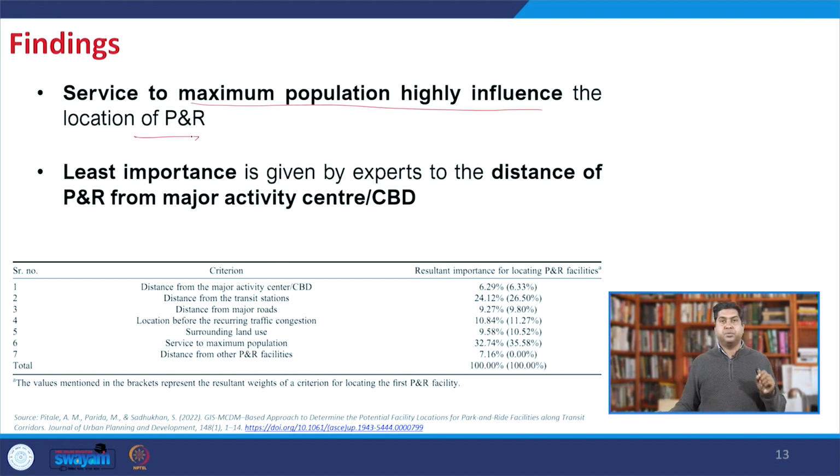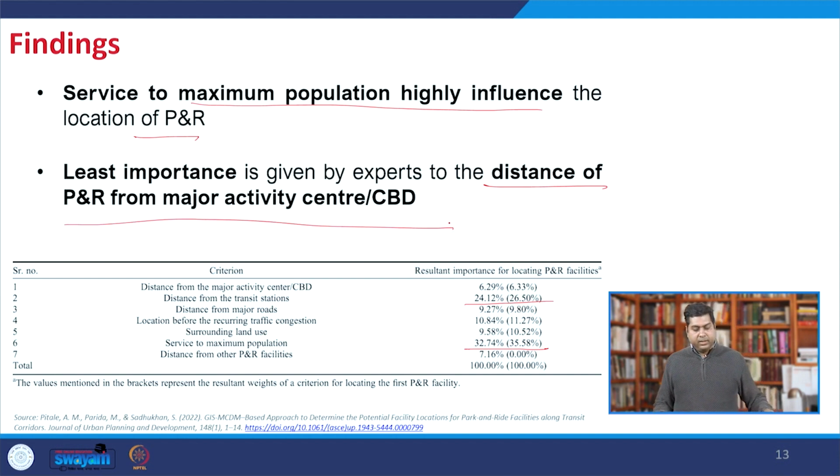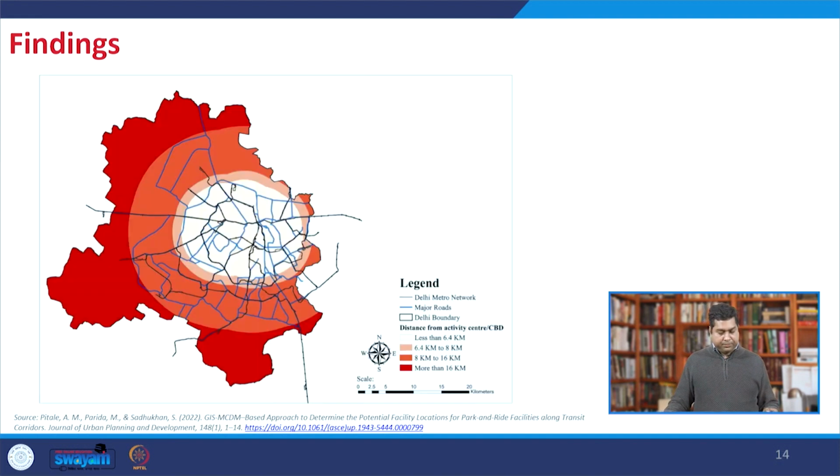So, this is perceived as the most important criteria, followed by the distance from transit station. The least important, as given by experts, is the distance of PNR from the major activity center, the CBD, which we consider should be away from that particular CBD.